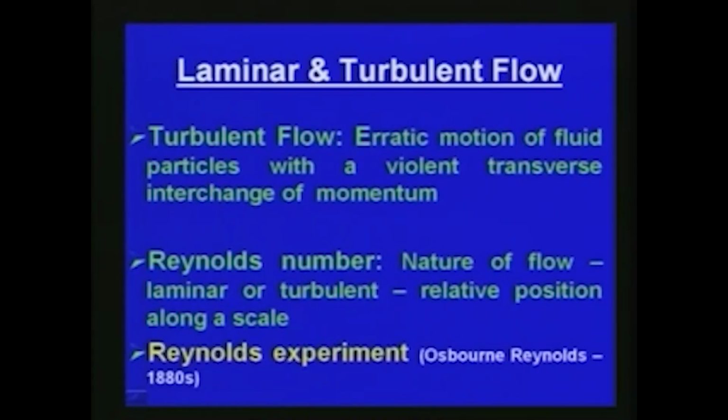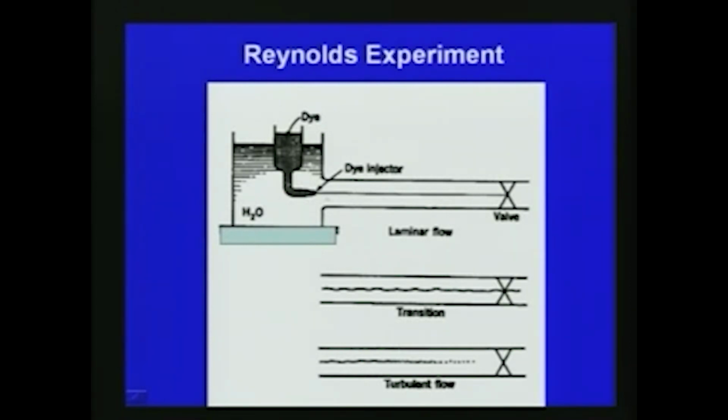Osborne Reynolds defined this Reynolds number based upon a large number of experiments on fluid movement. He conducted the experiment, called the Reynolds experiment, in the 1880s, at the end of the 19th century. In this experiment, there is a tank where water is filled, and a pipe is connected to that tank, with a valve attached at the end of the pipe.